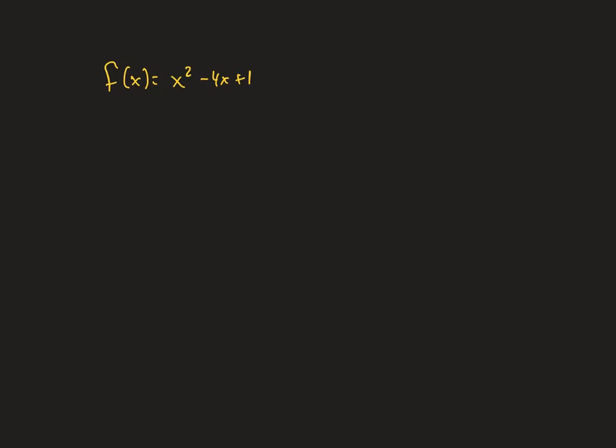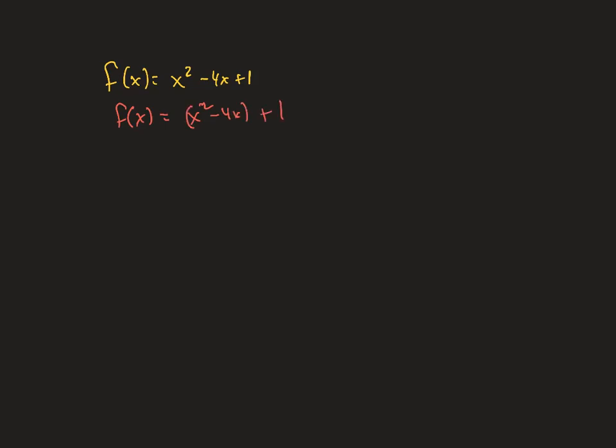Okay, so let's take a look at this question here. Given this function, first and foremost, obviously, we have to take the inverse of this function. Now, to take the inverse of this function, just like we did in the last video, you want to complete the square first. So to complete the square, you want to group up your x squared with your 4x.